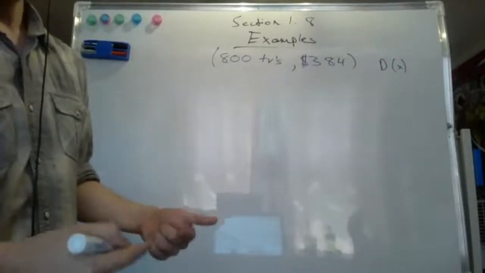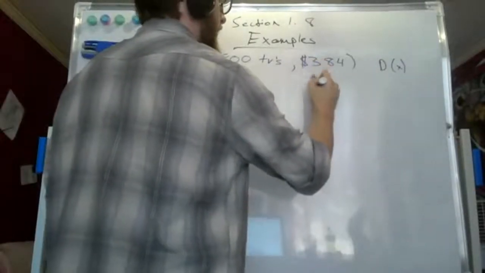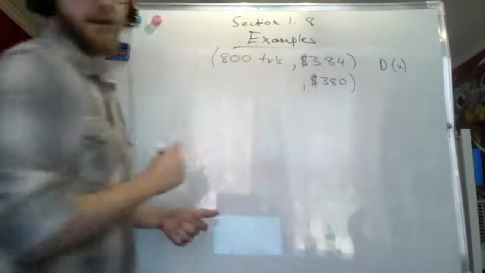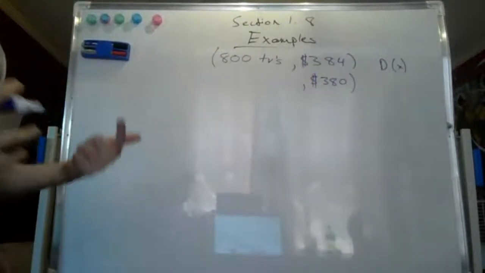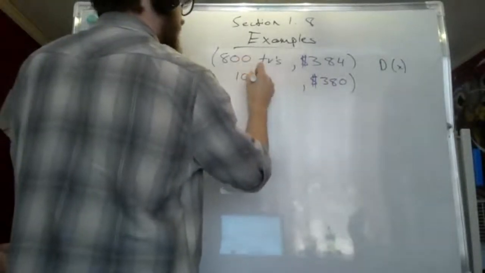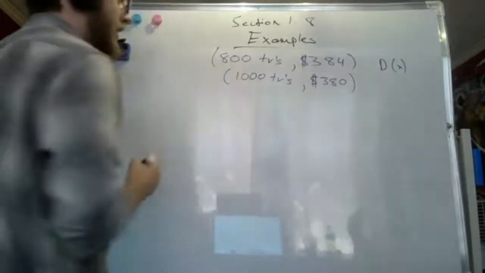If the price is 380, so here we're told if you have a price of 380, then the manufacturer can sell 1,000 sets, 1,000 TVs. Okay, now we're getting somewhere.